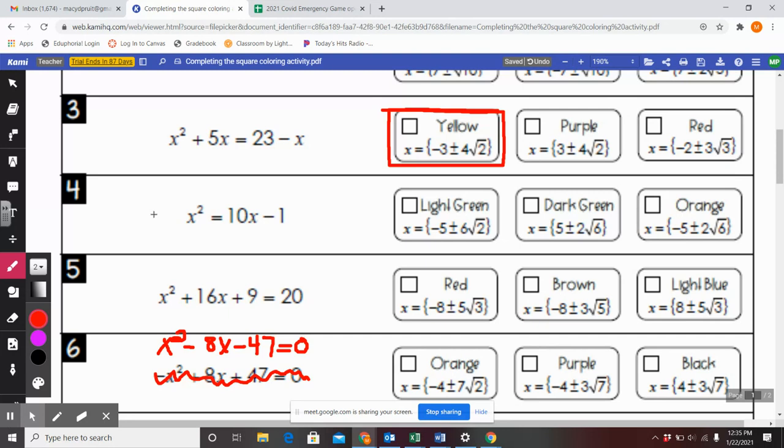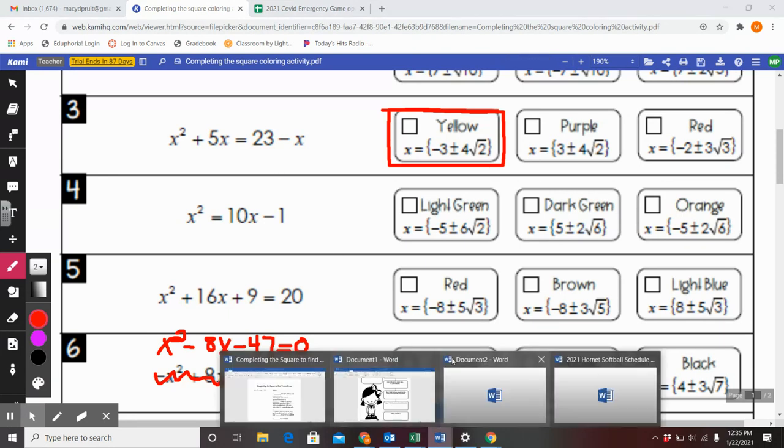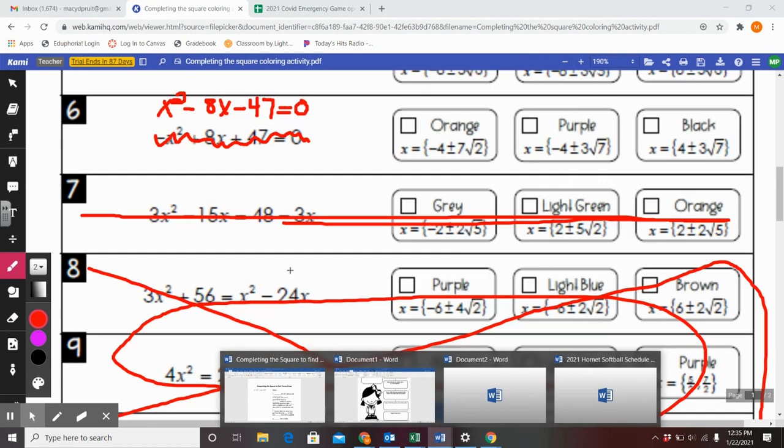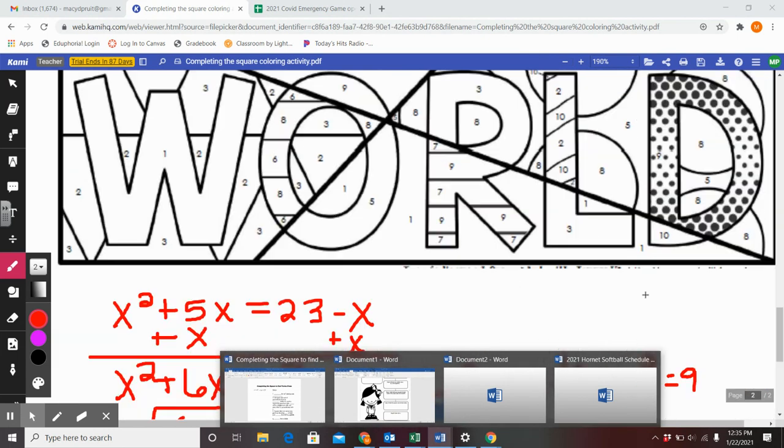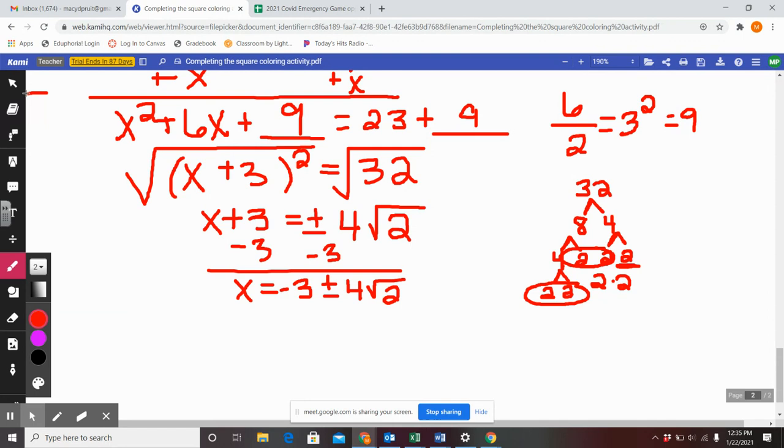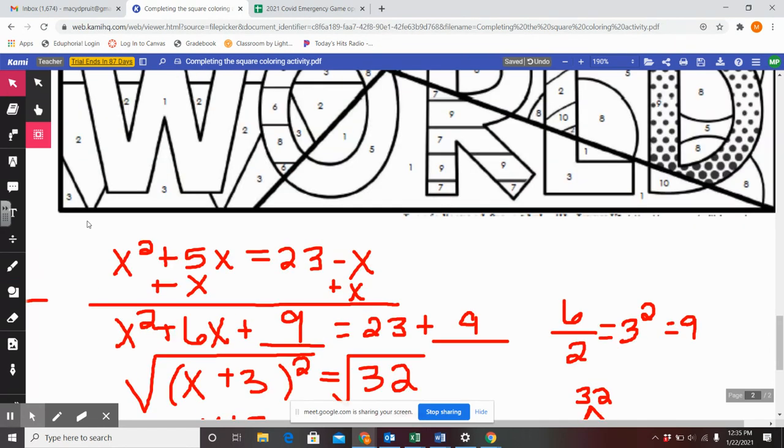Let's do number 4. X squared equals 10x minus 1.